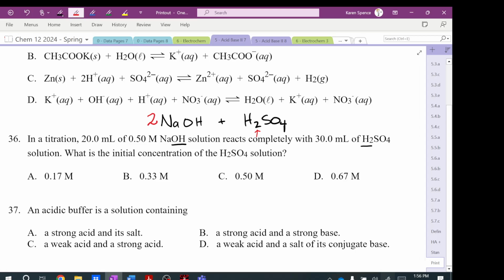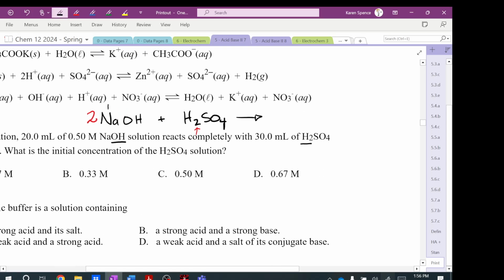Now, if you're like, that seems too complicated, Ms. Spence, you can combine your outside ions, Na+ and SO4 2-, that'll give you Na2SO4. And then, of course, we have water, H2O.